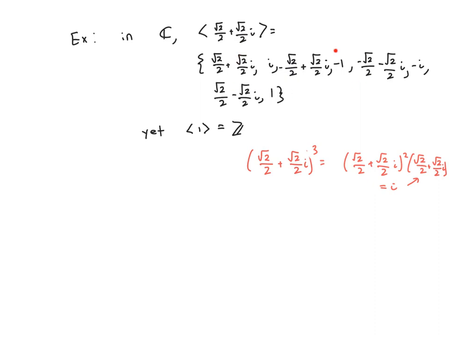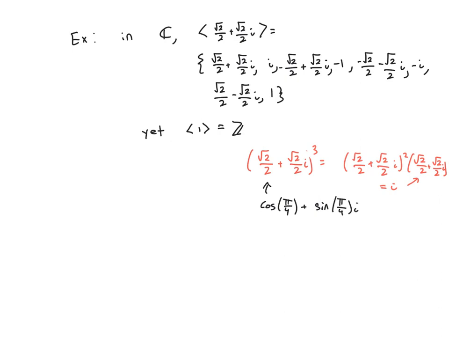So we see these 8 things. This should cause some flashbacks from pre-calculus, because I'm really just looking at the cosine of pi over 4 plus the sine of pi over 4 times i.